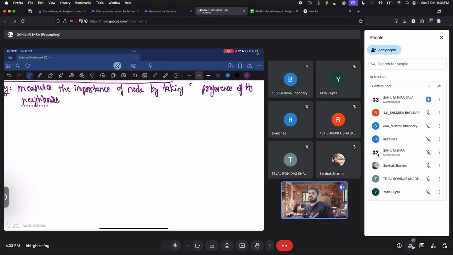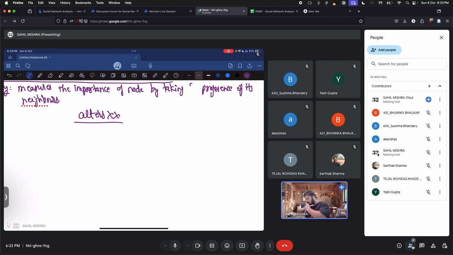So basically, a node's importance is determined using the local neighborhood. That neighborhood may not be just the ego network neighbors, the immediate neighbors, the alters. They may be the second order neighborhood, say second hop, third hop neighborhood.